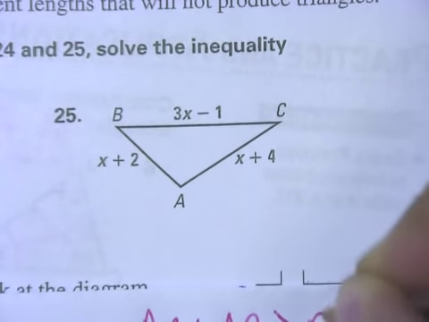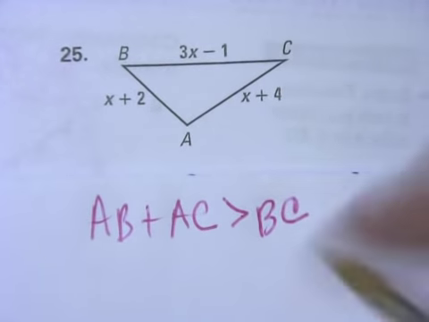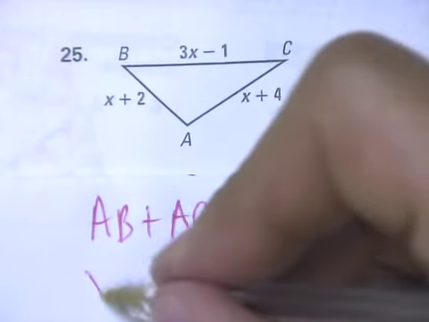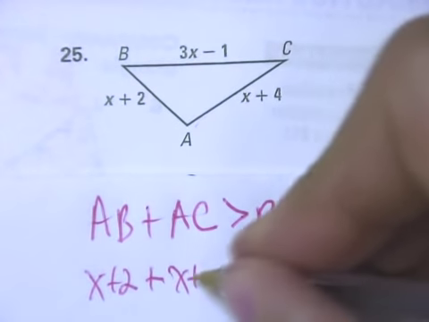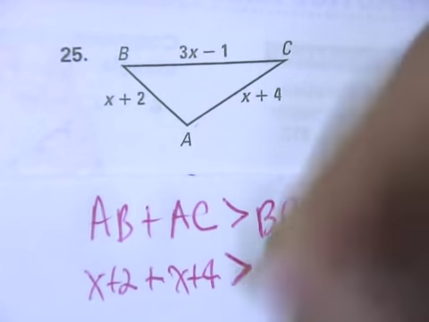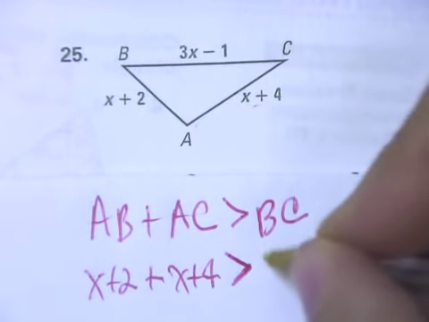Let's take a look at question number 25. Again, we have triangle ABC, and they want us to solve the inequality that AB plus AC is greater than BC. Well, I know that A to B is x plus 2.